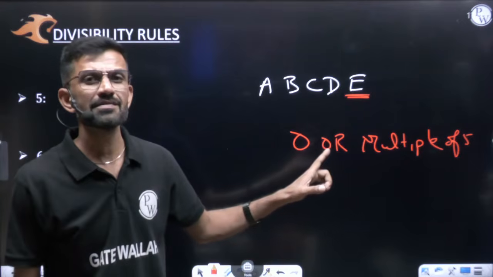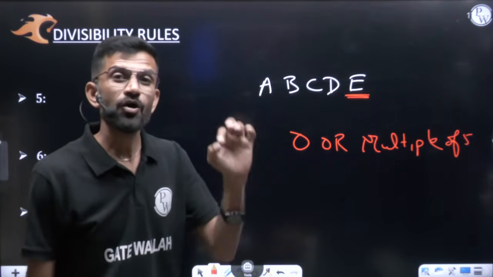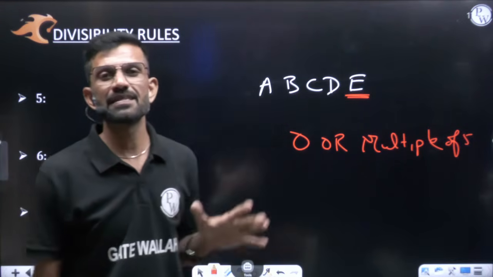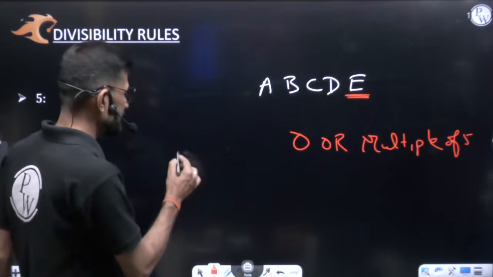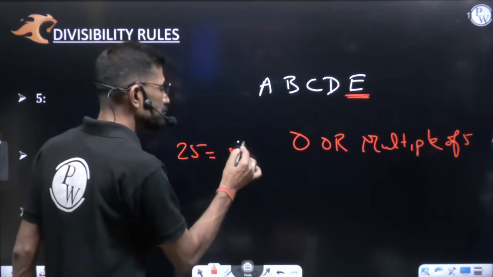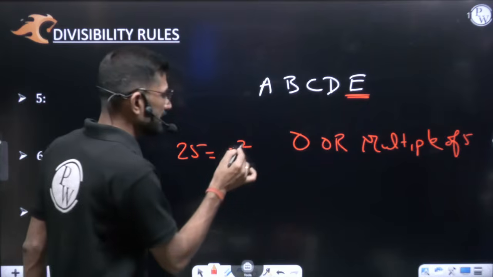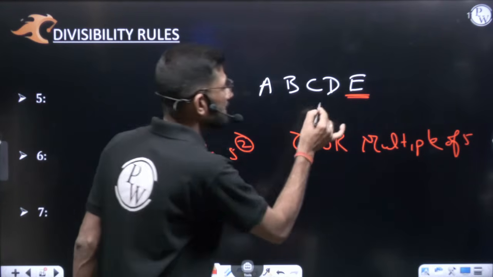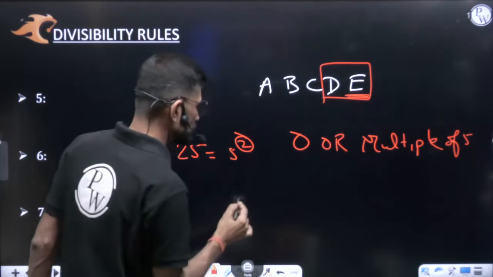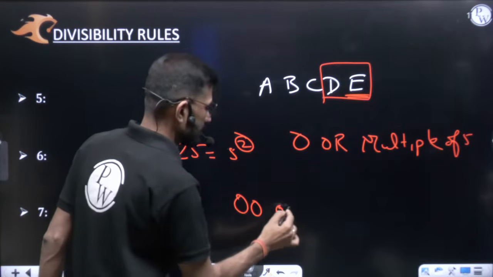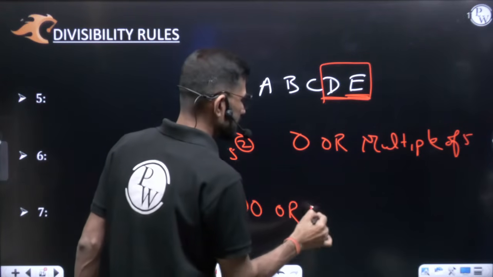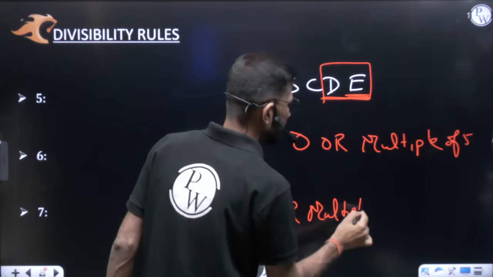But why am I saying it this way? Because all the powers of 5 will have a similar rule. Like 25 can be written as 5 square. So any given number, because it is a square, the last 2 digits of the given number should be 0, 0, or the number formed by the last 2 digits should be a multiple of 25.